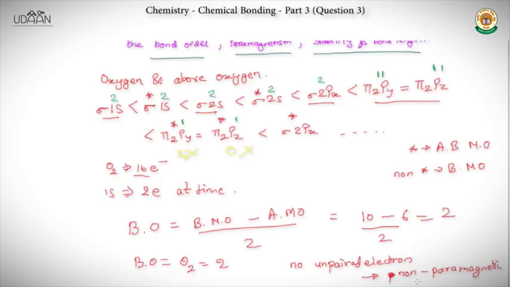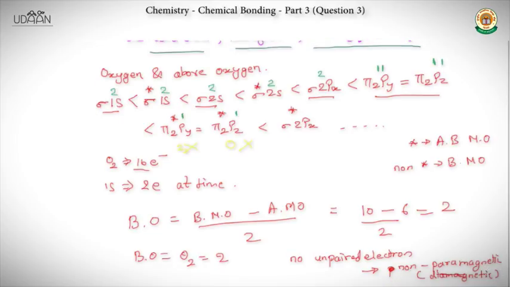Fairly simple. As we can see over here, we have 2 unpaired electrons. Therefore, O2 is paramagnetic.